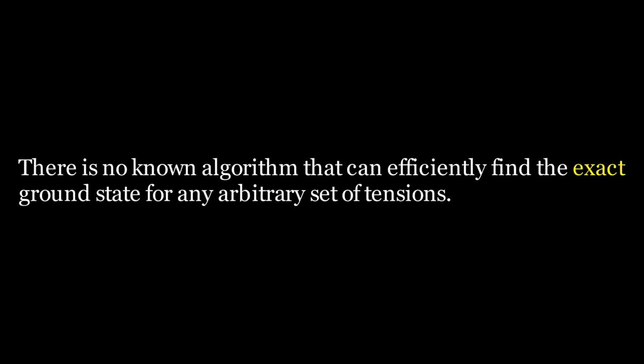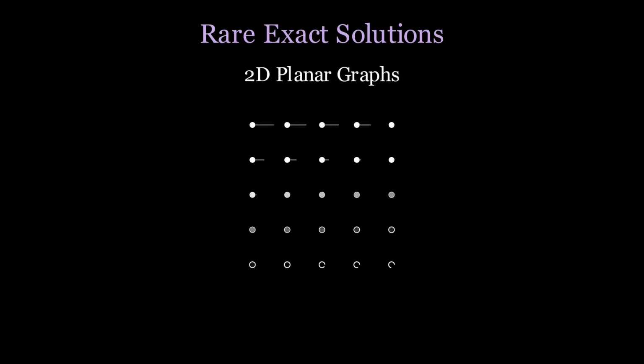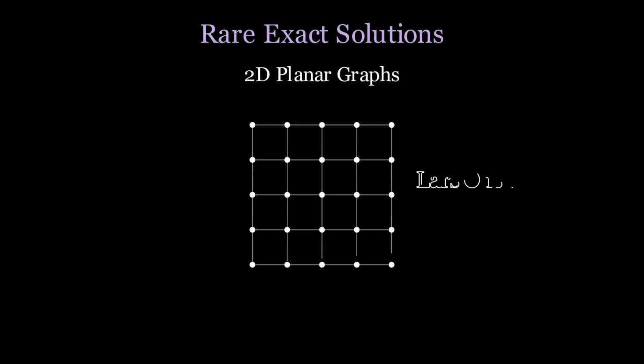There is no known algorithm that can efficiently find the exact ground state for any arbitrary set of tensions Jij. However, for a few very special cases where the network of connections is highly structured, mathematicians and physicists have discovered clever ways to solve it exactly. The most famous example is the 2D planar graph, which is a graph that can be drawn flat on a plane without its edges crossing.